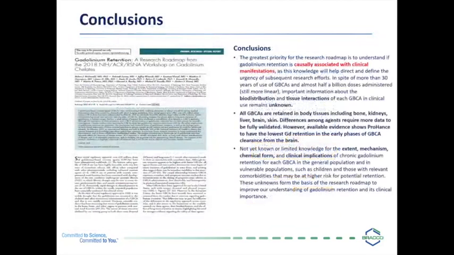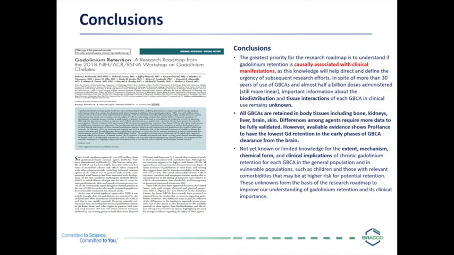In spite of more than 30 years of use of GBCAs and almost 500 million doses administered, with a highly significant number of linear GBCA injections, important information about the biodistribution and tissue interaction of each GBCA in clinical use remains unknown. Retained gadolinium levels depend on individual GBCAs, interval between administrations, individual organs, and possibly cumulative dose. Although consistent in animal studies, differences among agents require more data to be fully validated in humans.